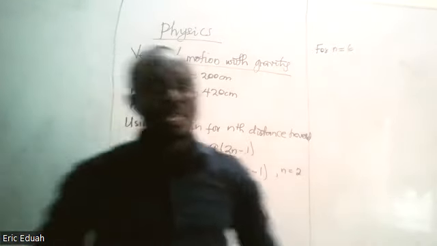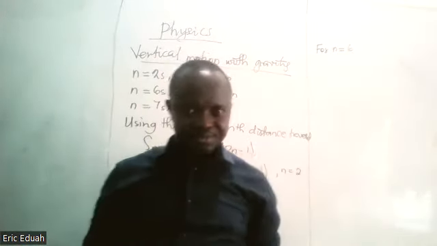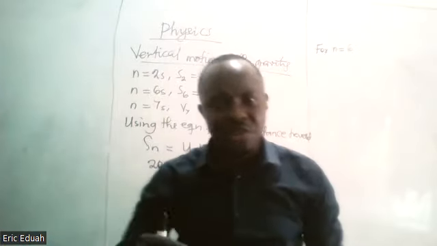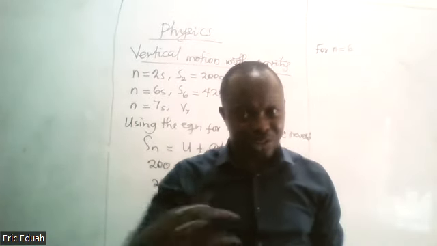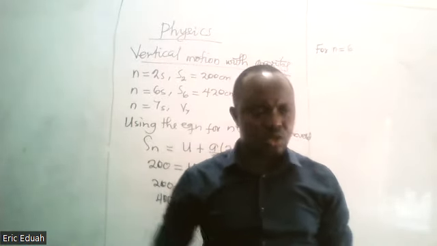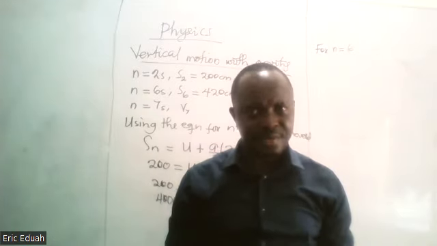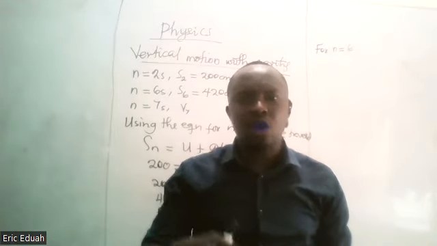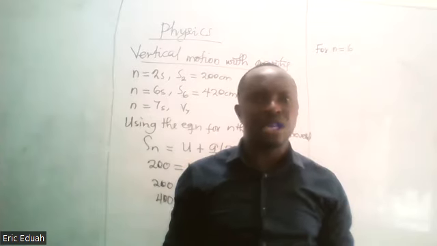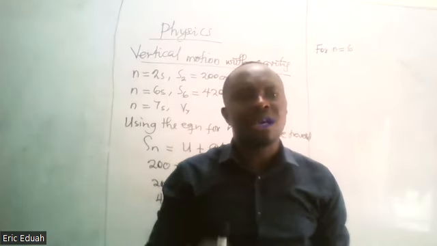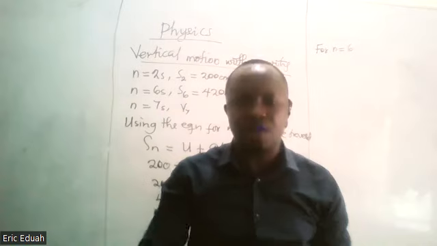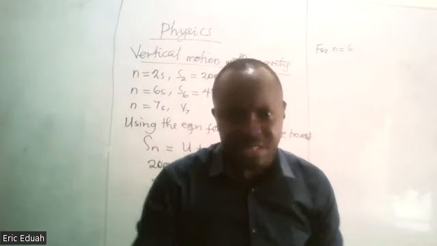You see, the whole concept is about a body traveling at a uniform velocity. Sorry, uniform acceleration. Under uniform accelerated motion, the body moves with equal speed or velocity within equal time intervals.